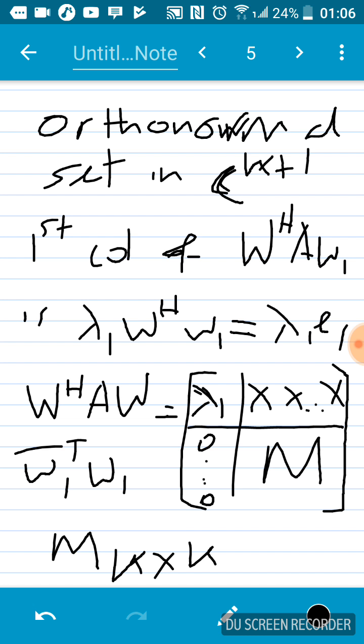Therefore, if you multiply W^H A W, we would get a matrix with lambda 1 e1 as the first column, other entries in the first row, and an M, which is a k by k matrix, beneath.